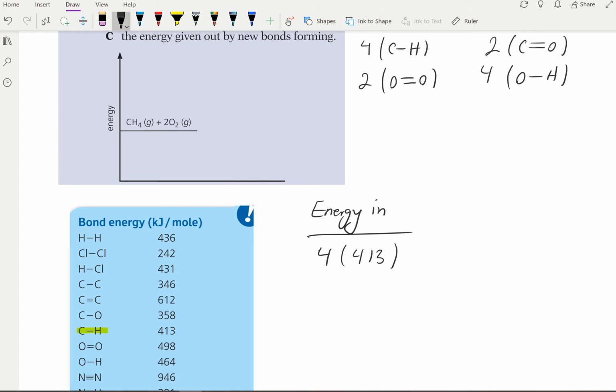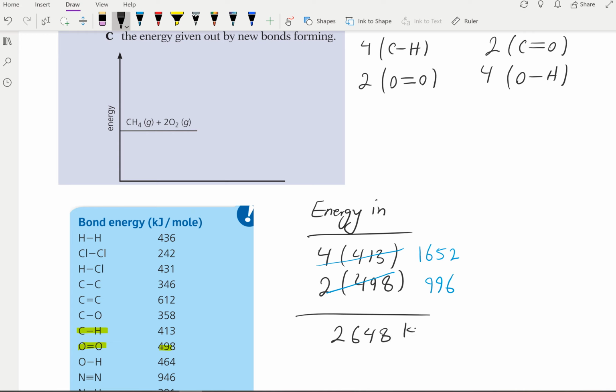And I have two O double bond O, which is here, 498. So 2 times 498. So the total energy in would be 2648 kilojoule per mole.